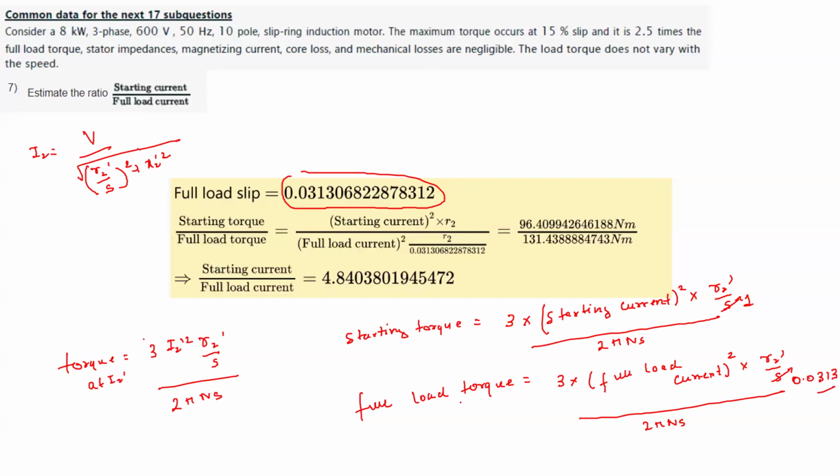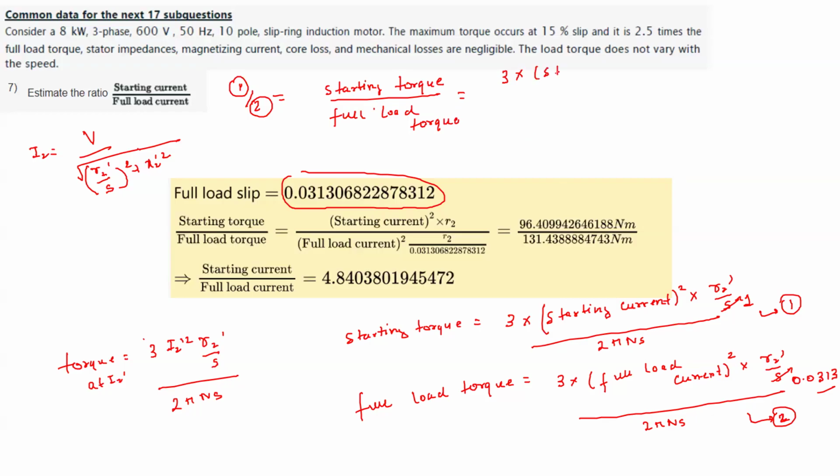If I take the ratio of the two, starting torque by full load torque, I get 3 times starting current square into R2 dash, because S is equal to 1, so R2 dash by S becomes R2 dash, divided by 3 into full load current square into R2 dash by 0.0313.